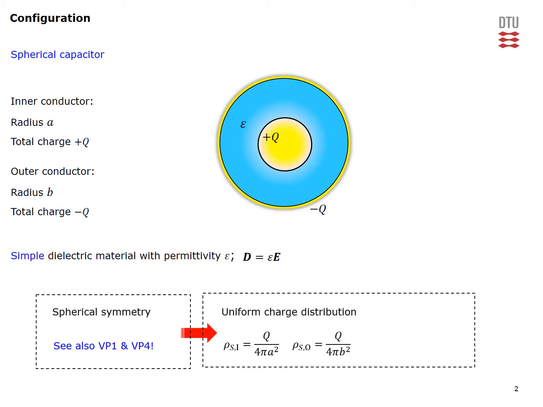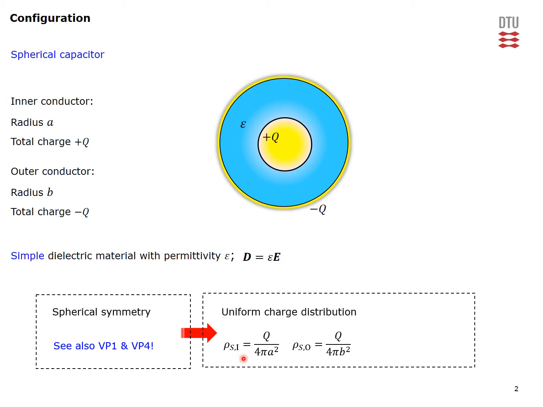Because of the spherical symmetry, and what the implications of spherical symmetry are, you can also review in all details in video problem 1 and video problem 4, this essentially would imply that the charge will be uniformly distributed on the surfaces of inner and outer conductors.